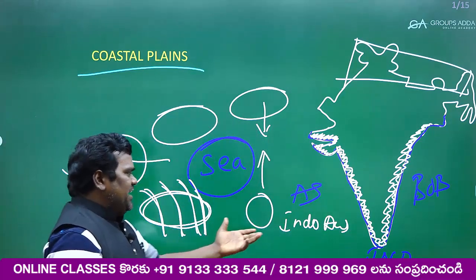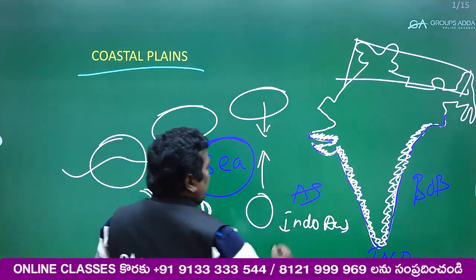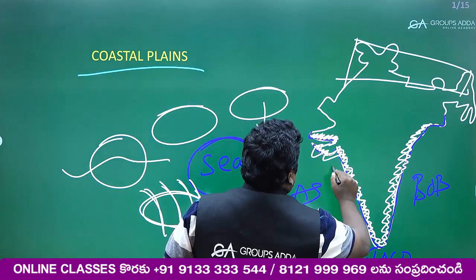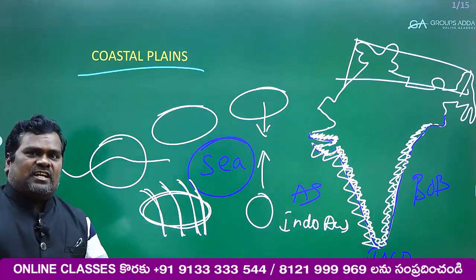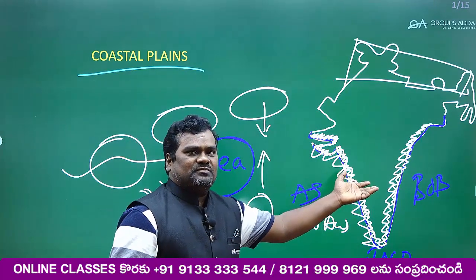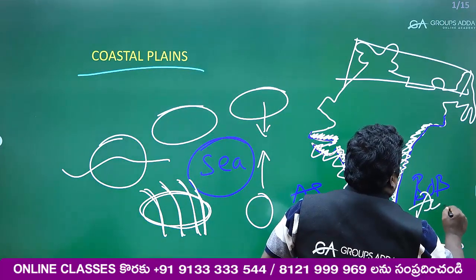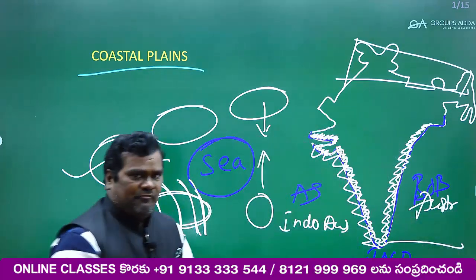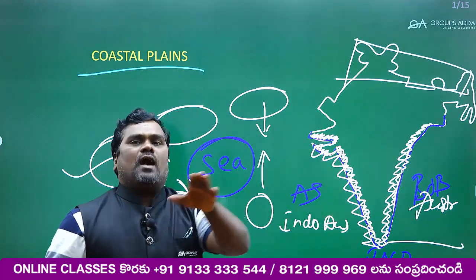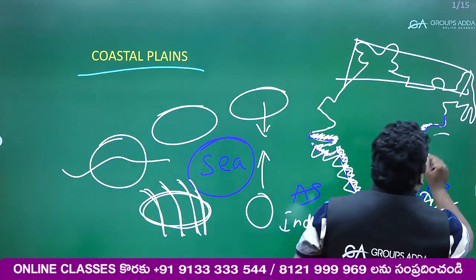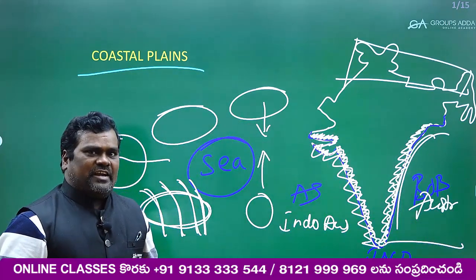When we had the Indo-Australian plate, my dear friends, this side coastal line got emerged because here we had Australia. Isn't it? When this Indian plate got separated from Australia also, then this coastal line got developed. Isn't it, my dear friends?